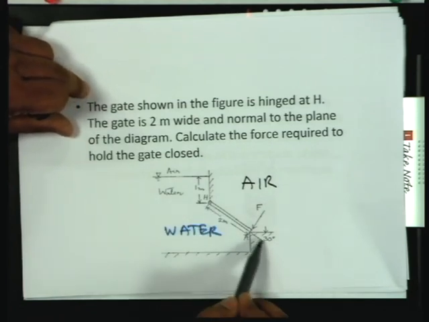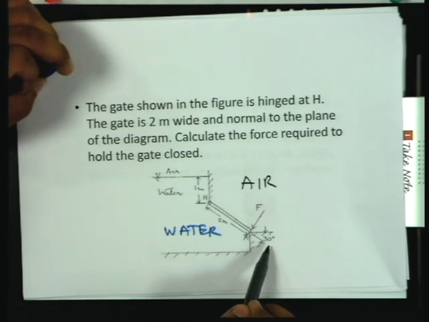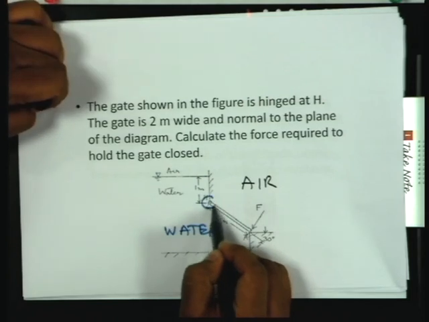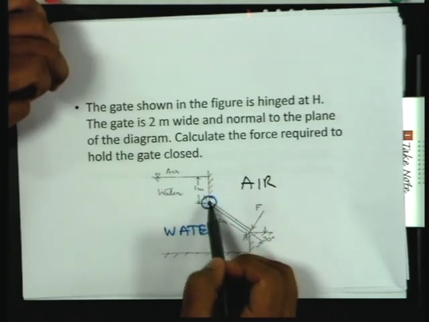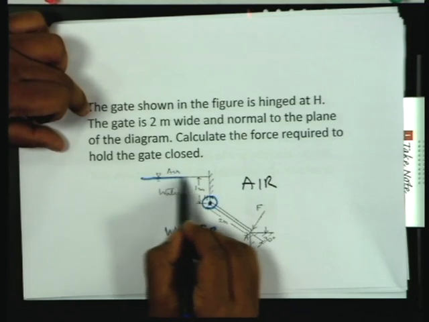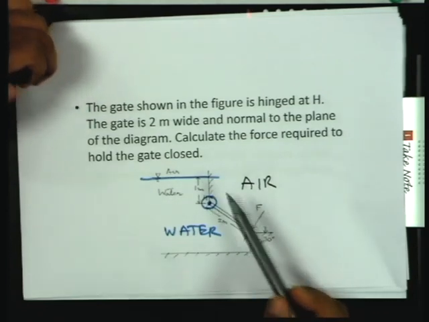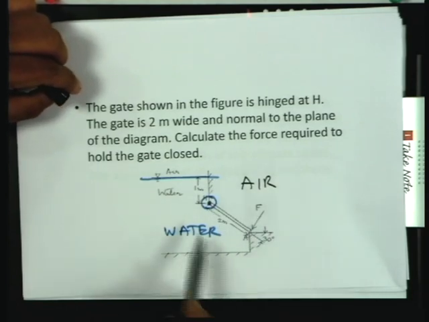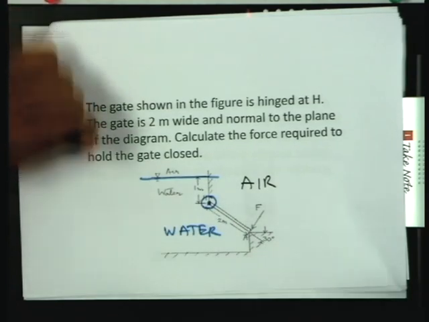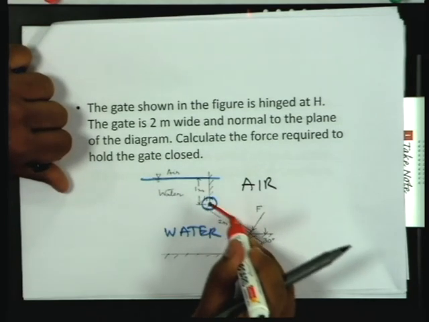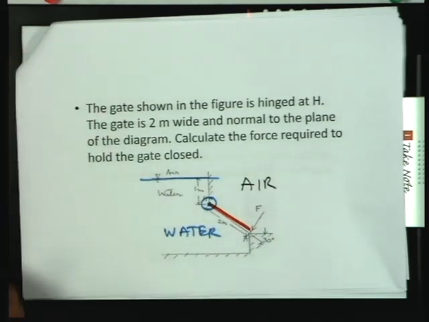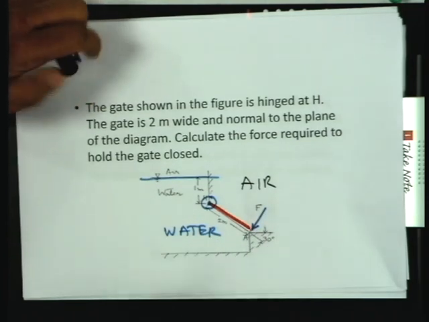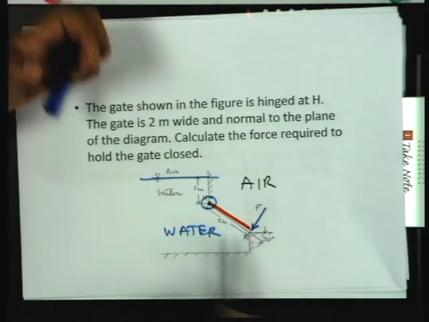The gate is inclined at an angle of 30 degrees with respect to the horizontal, and the hinge is submerged 1 meter below the water level. The red area shows the gate and we apply a force F to keep this gate closed. The objective is to find out what the force is.